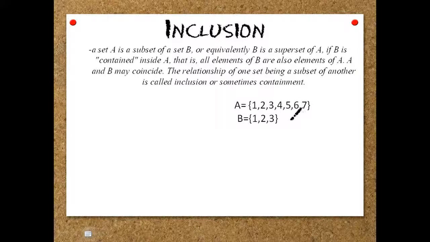If B is contained inside A, that is, all elements of B are also elements of A, which is correct, A and B may coincide. The relationship of one set being a subset of another is called inclusion or sometimes containment. So I'm going to show you.